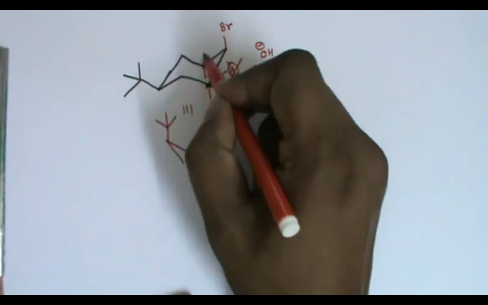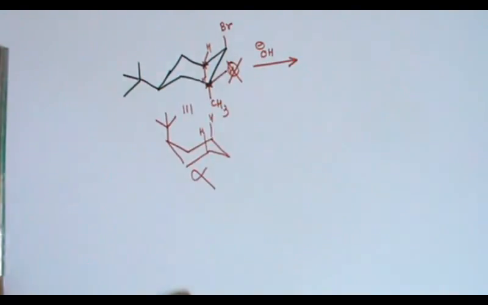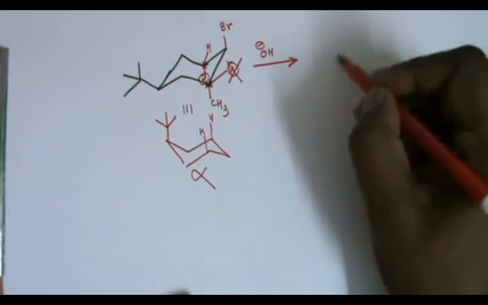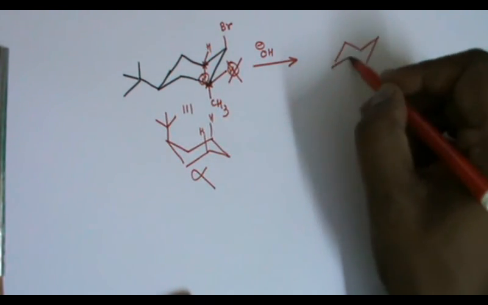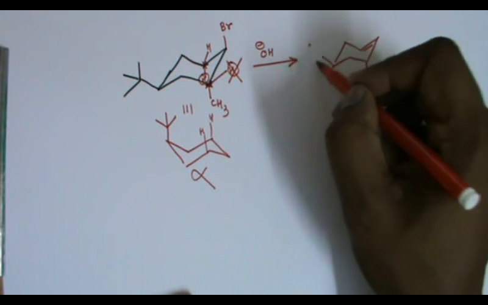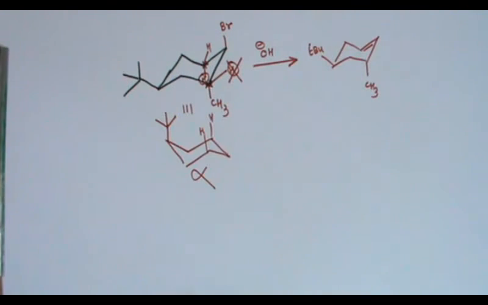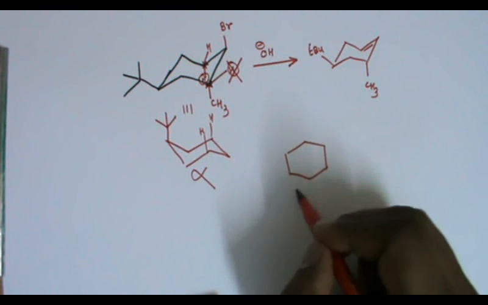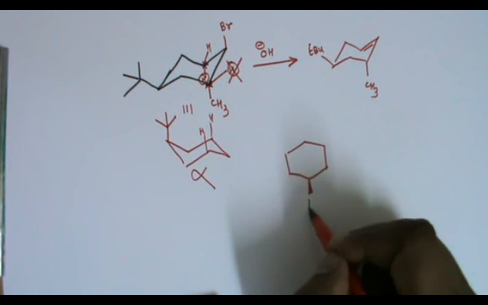If you go for this particular hydrogen, it will be trans to bromo and they will be in the same plane. So what we get is a product like this. It may look easy if it is given in this structure, but in a problem, if it is given like this, for example, say this is tertiary butyl.